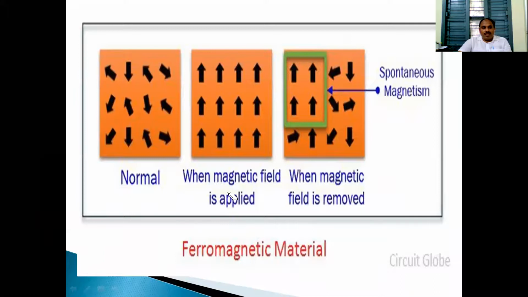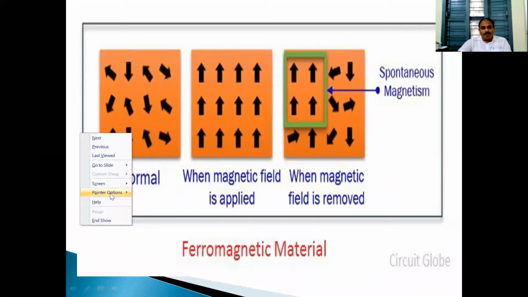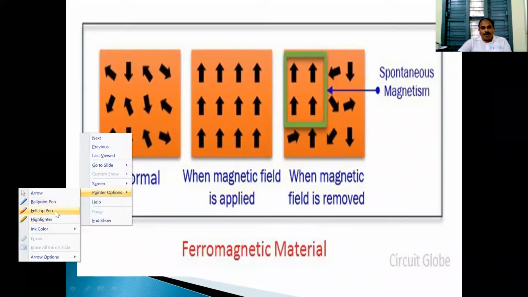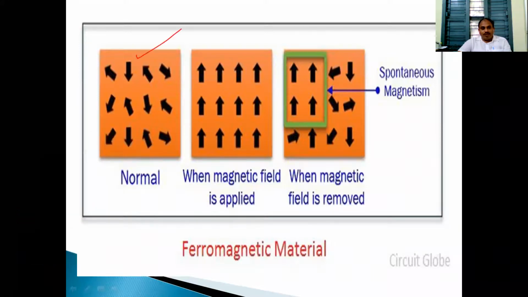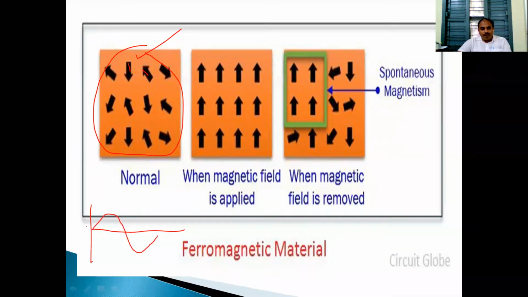Actually, molecules are arranged in different manners in general core material. So this is the molecule arrangement in the normal case. When we magnetize the core, that is, when we apply an alternating supply, current passes through the copper winding.